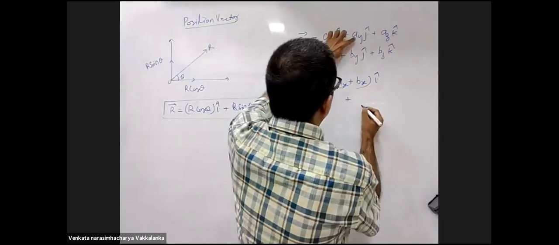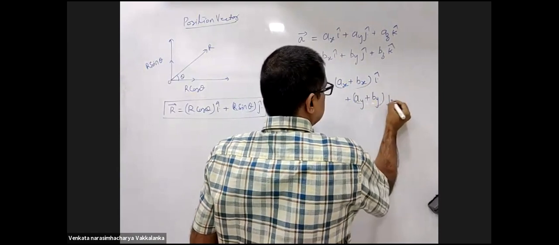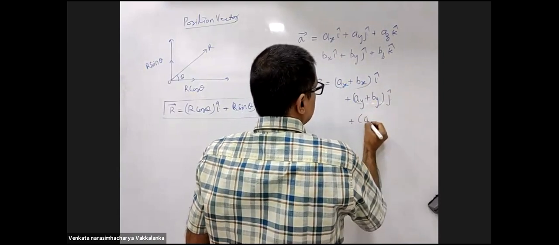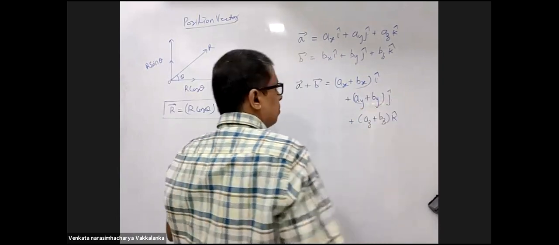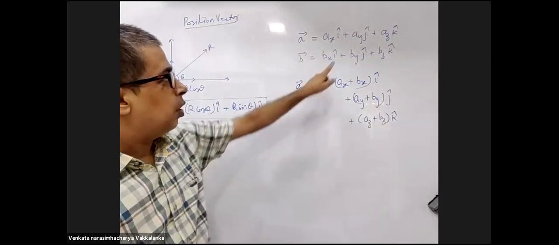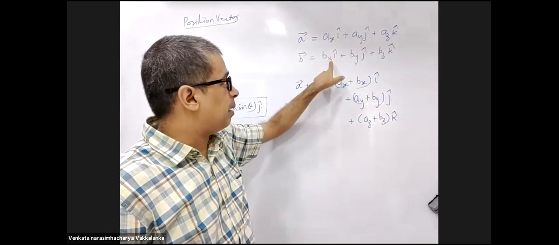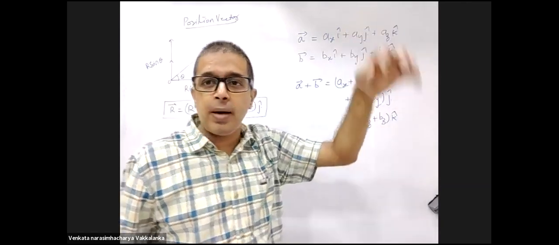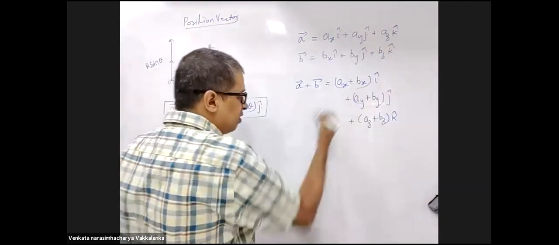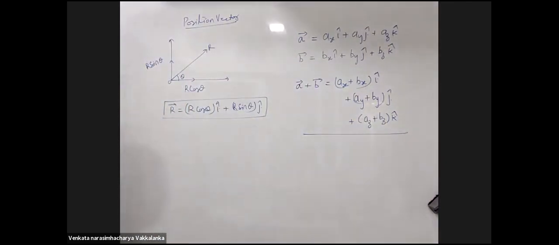Plus (ay + by) j cap, plus (az + bz) k cap. Coefficients of i cap, j cap, k cap added. Now I have the final vector. Addition of vectors becomes so very easy.